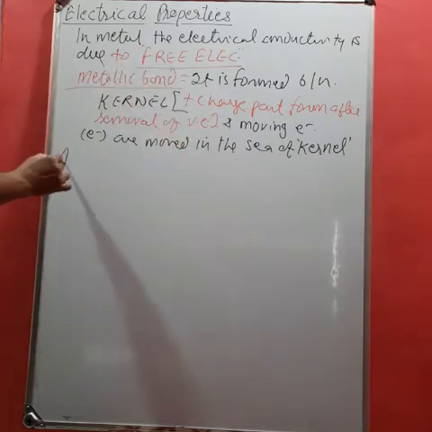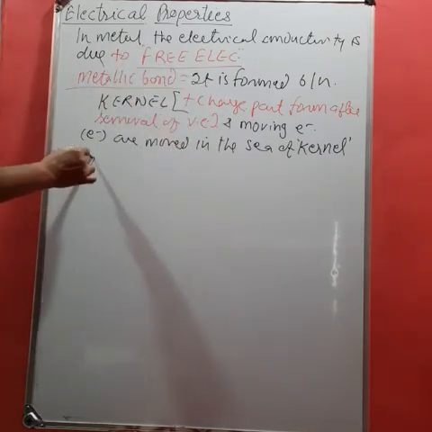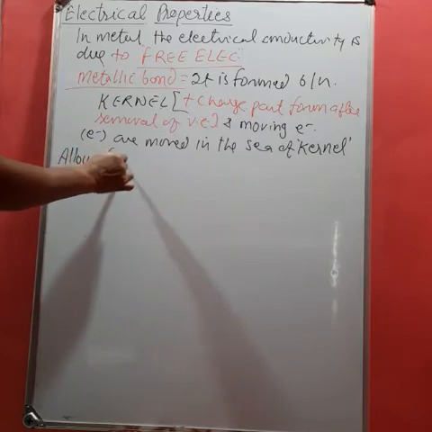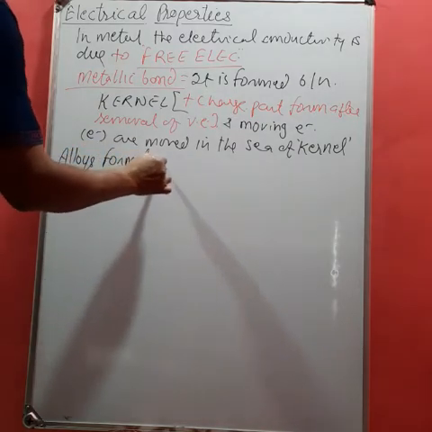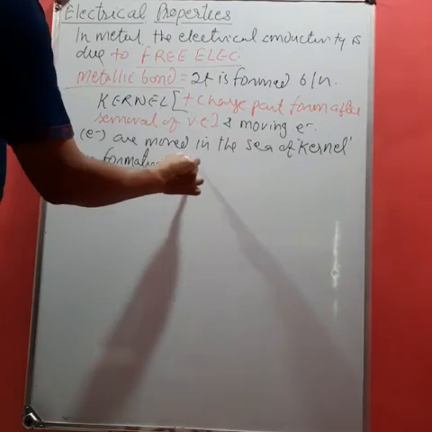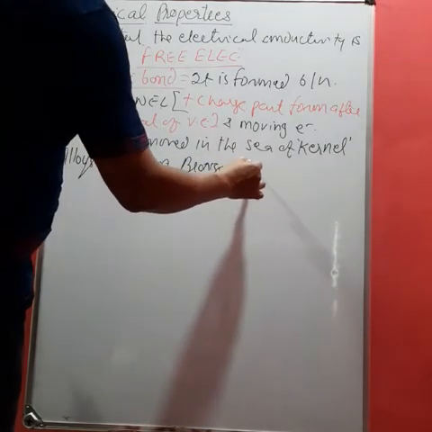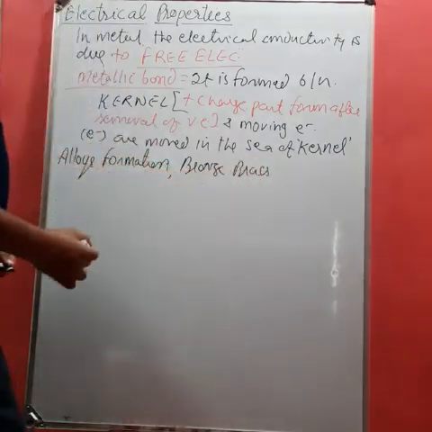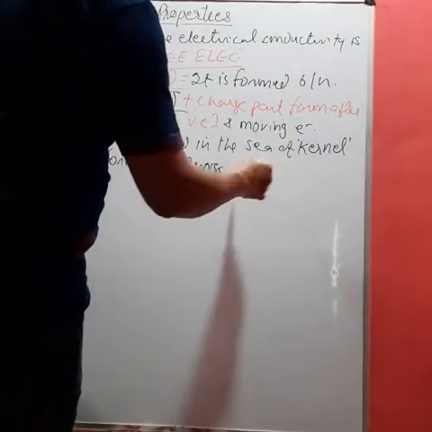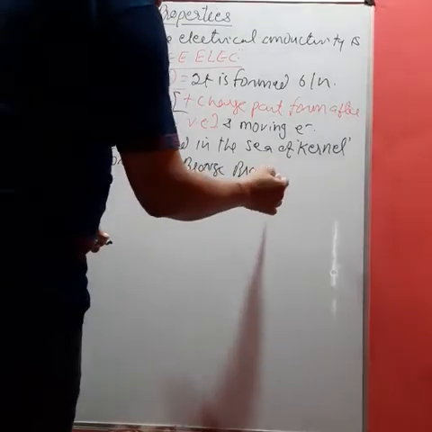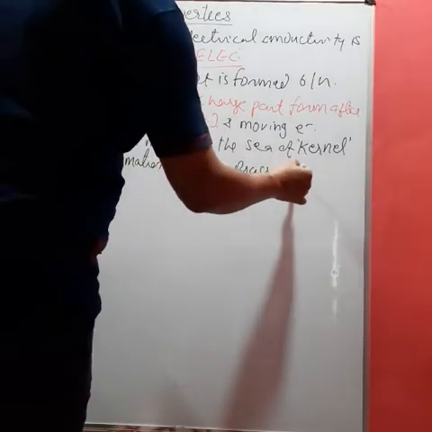Student, one more important property is there, which is called alloy formation. Okay, you know the alloys. What? Bronze, brass. And can you tell me beryllium, magnesium? Okay, like nichrome.